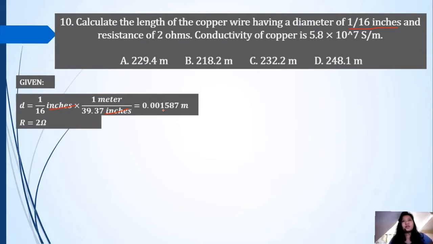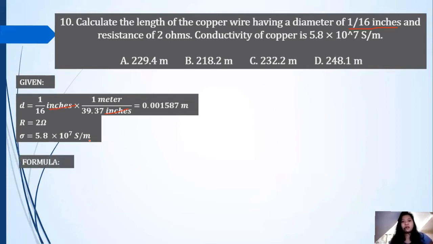The next is our resistance, and our resistance is 2 ohms. Next is our conductivity. The symbol of our conductivity is sigma. So sigma is equal to 5.8 times 10 to the power of 7 Siemens over meter. Siemens over meter is the unit for our conductivity.